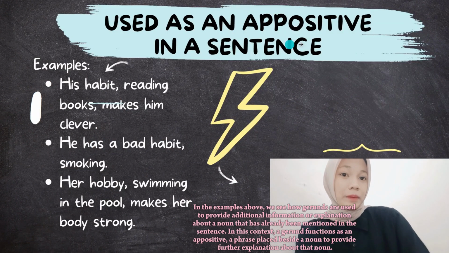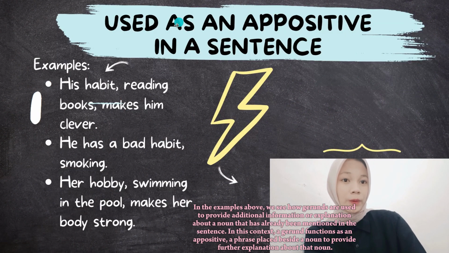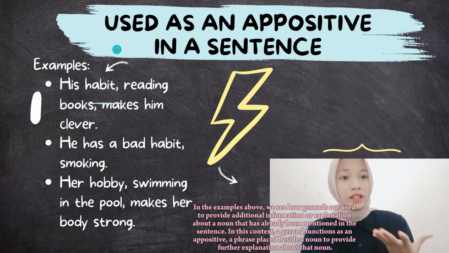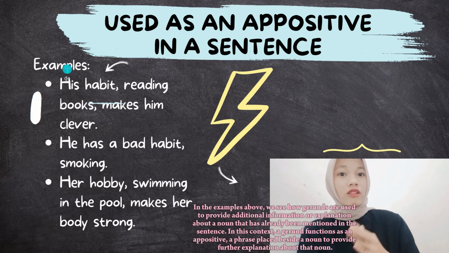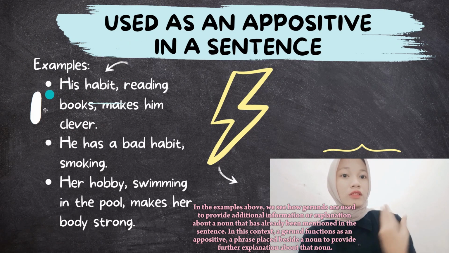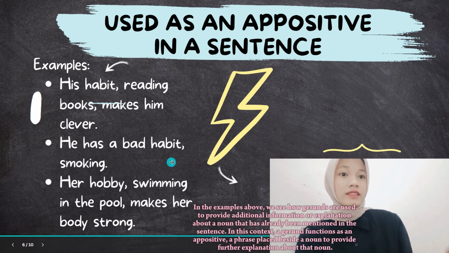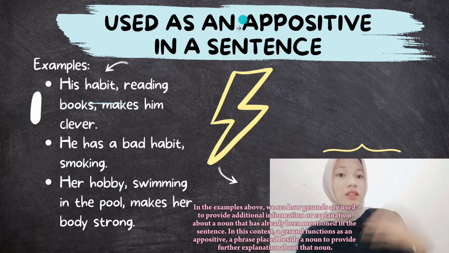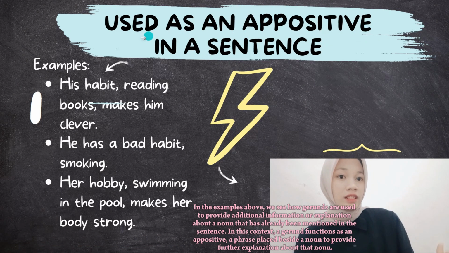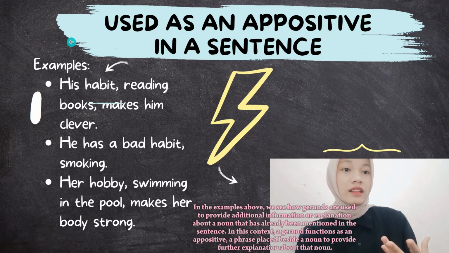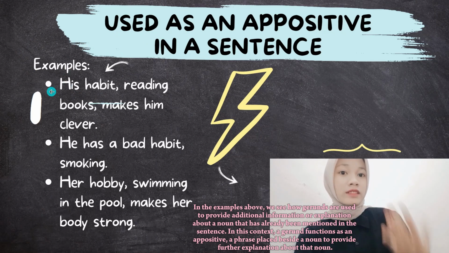In the example above, we see how gerunds are used to provide additional information or explanation about a noun that has already been mentioned in the sentence. In this context, the gerund functions as an appositive phrase placed beside a noun to provide further explanation of that noun.